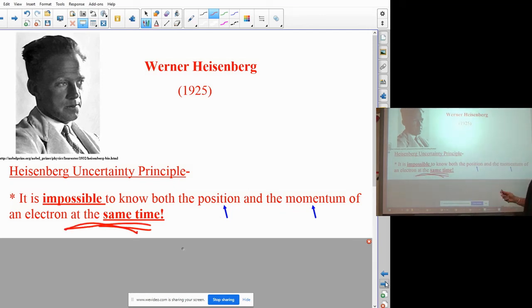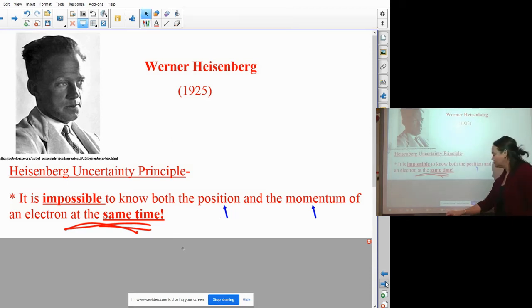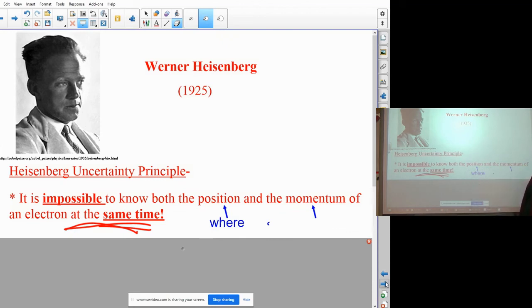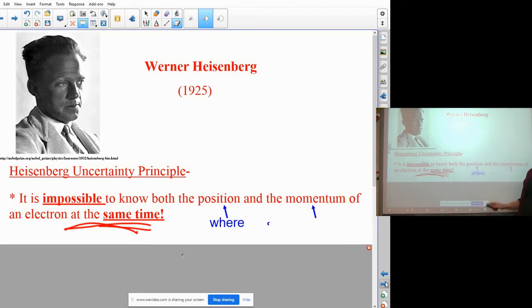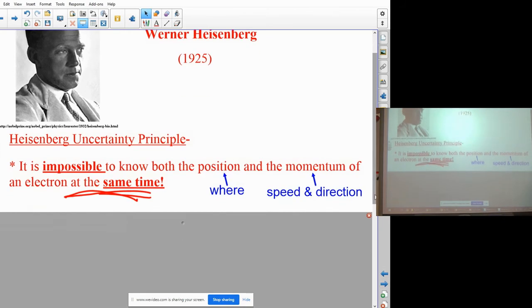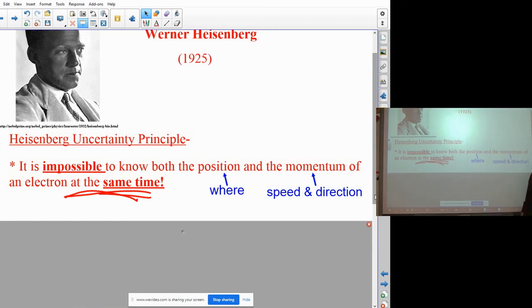Another way to say position is where, and the momentum is speed and direction. It is impossible to know both the position and where it's going. So you can know one or the other.